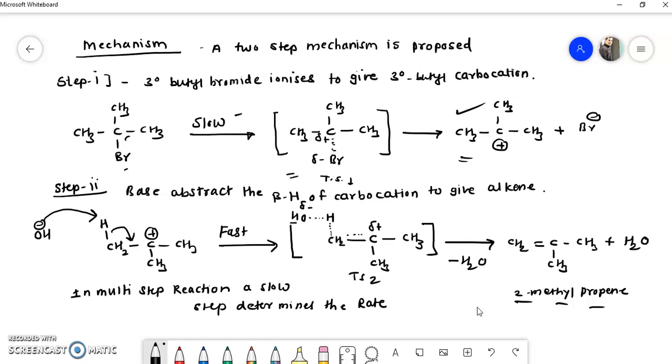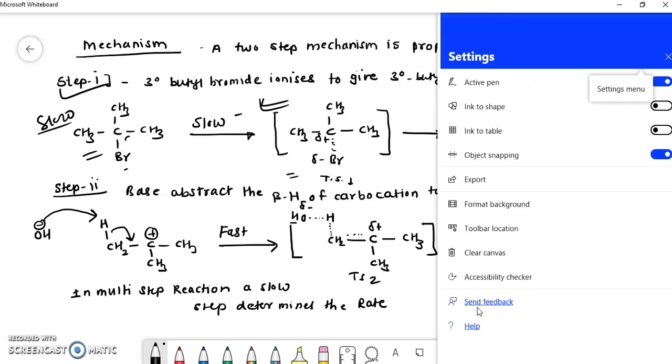That's why here this step 1 is the slow step, and from this slow step we observe that the rate of this reaction only depends upon the concentration of this alkyl halide. That's why the reaction is of first order only. So I hope this mechanism is very clear to you.